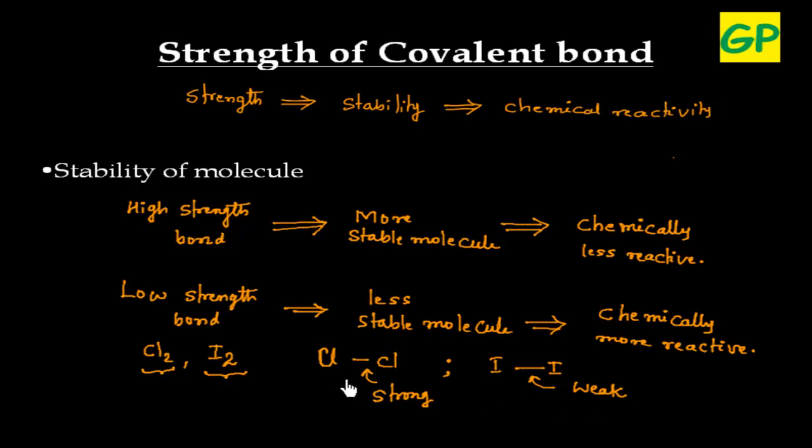So I can say chlorine is more stable, less reactive. Iodine is less stable, more reactive. So iodine is more reactive and less stable, in comparison with chlorine.